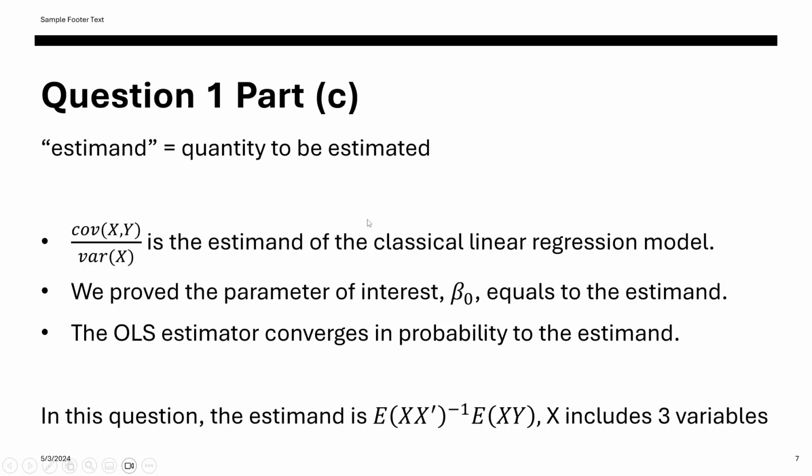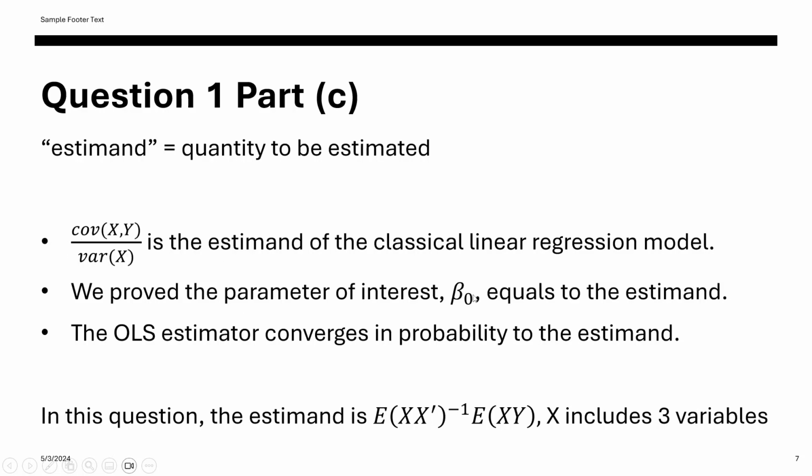For example, in the simplest case, this covariance divided by variance, you know this term, is the estimand of the classical linear regression model with a single regressor, right? In the simple regression model, this is the estimand. We would like to estimate this, our target of estimation, because we prove that the parameter of interest equals this guy.